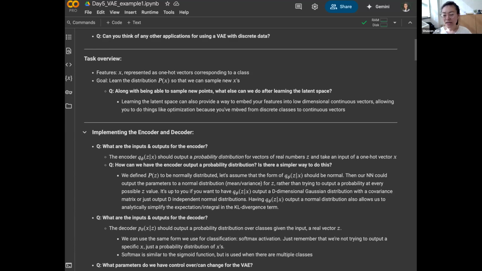Just like all the things we talked about yesterday, we can use it not just for generation, but for finding patterns, finding clusters, and using it as a lower-dimensional, less noisy input for other machine learning models. The same way we did it for PCA, t-SNE, UMAP and that kind of thing. It's the same as the last layer of a neural network, which is just a lower-dimensional representation of your data.